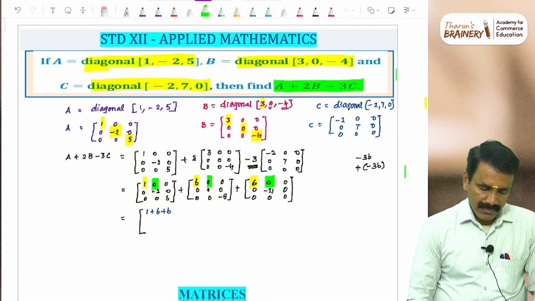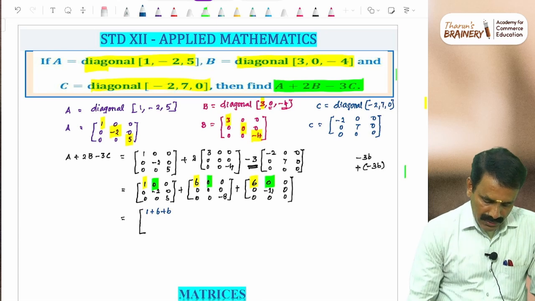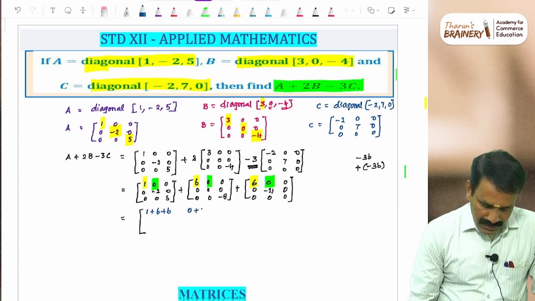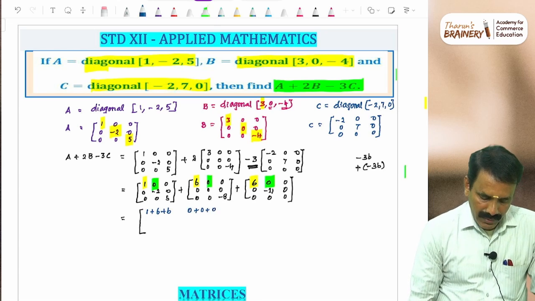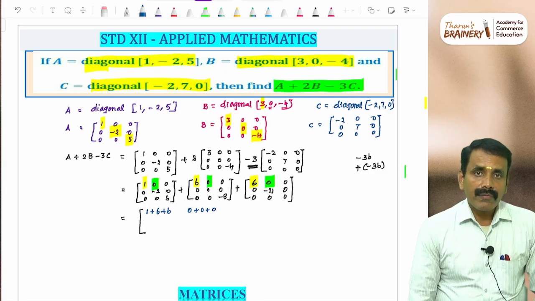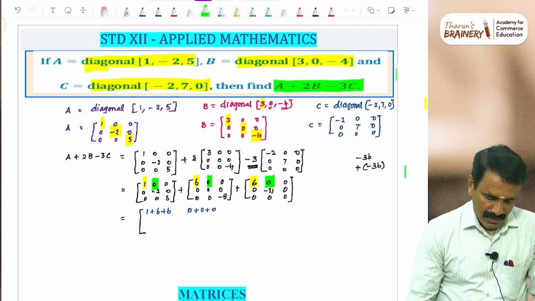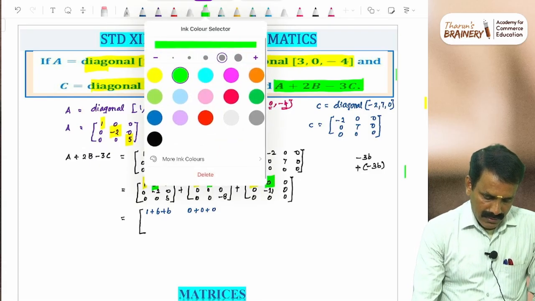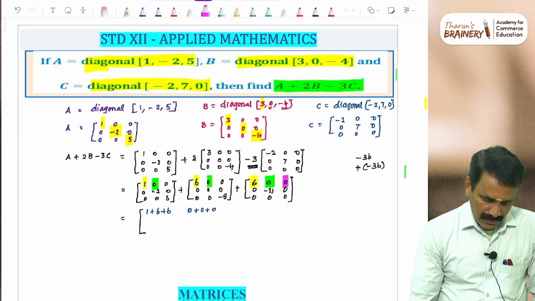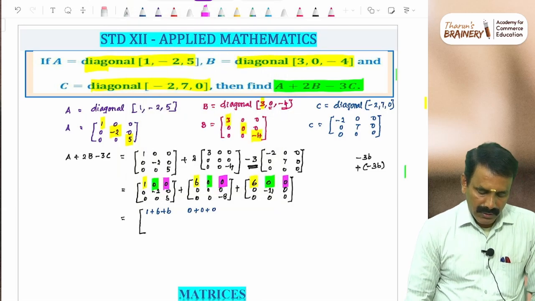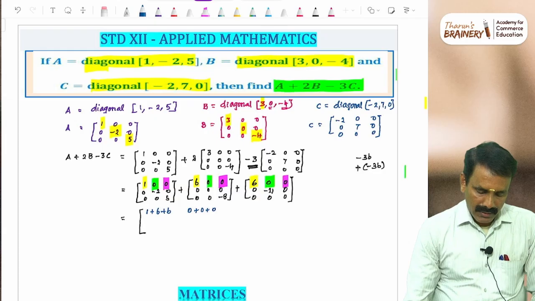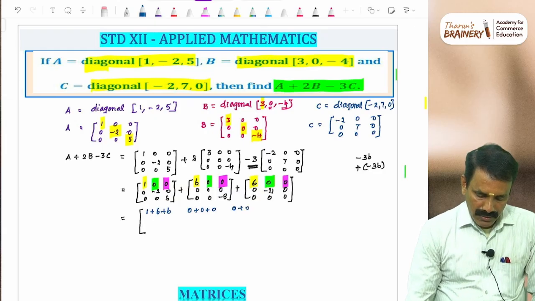These 3 elements are naturally all 0, so 0 plus 0 plus 0. In the same way, the first row, third column elements of all the matrices are added. That is called corresponding elements. Is it clear? The first row, third column elements are also 0, 0, 0.